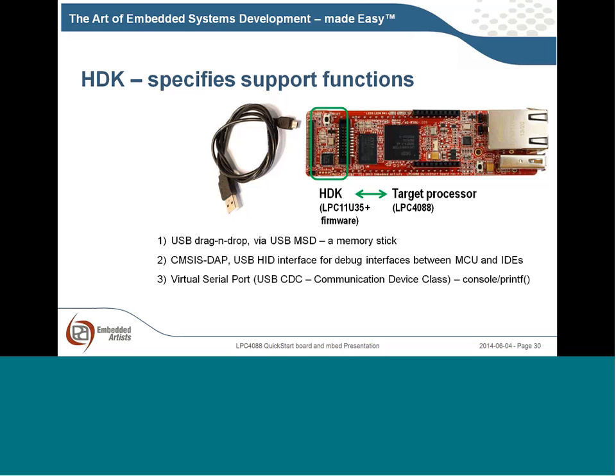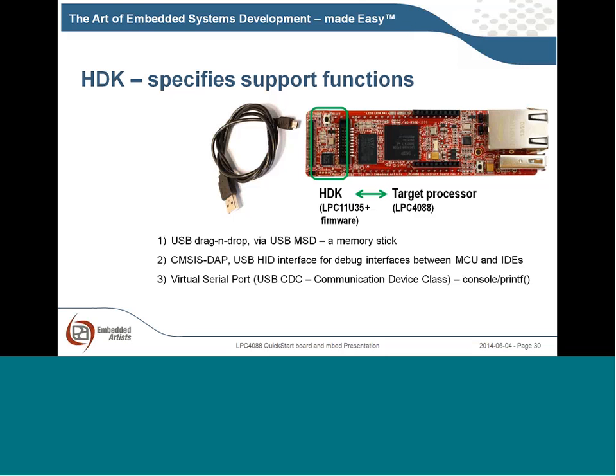So basically what you do is plug in a USB cable here, and on the PC, 3 interfaces and 3 functionalities will pop up. First, the USB mass storage device will show up, another name used for a memory stick, you can say.